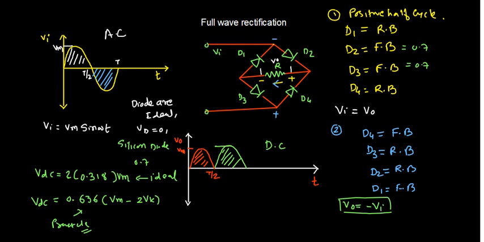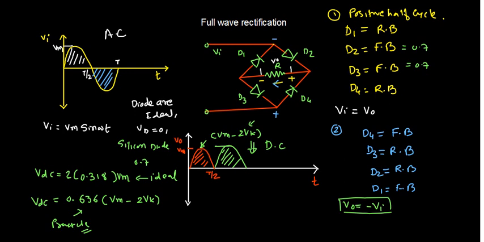Okay, so if you consider this one, our DC line will be a little bit less than the Vm peak value. This peak value will be Vm minus 2Vk. So this signal will be a little bit downside. How much down? That is this value.